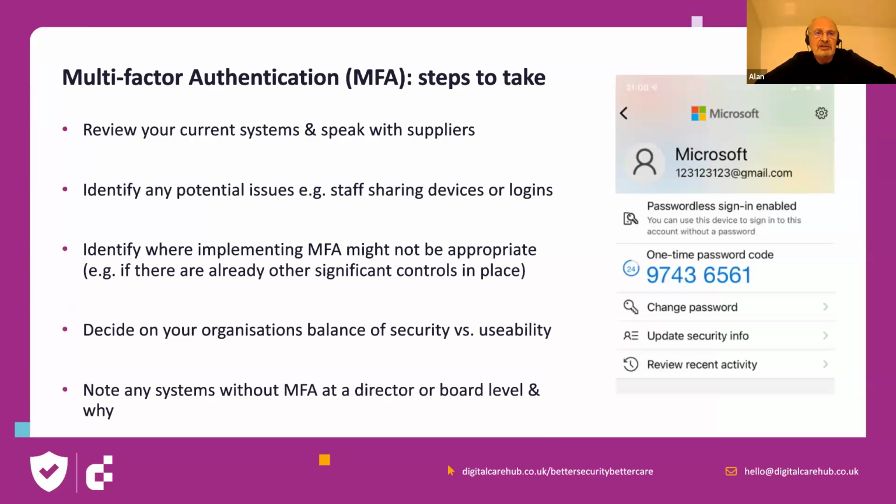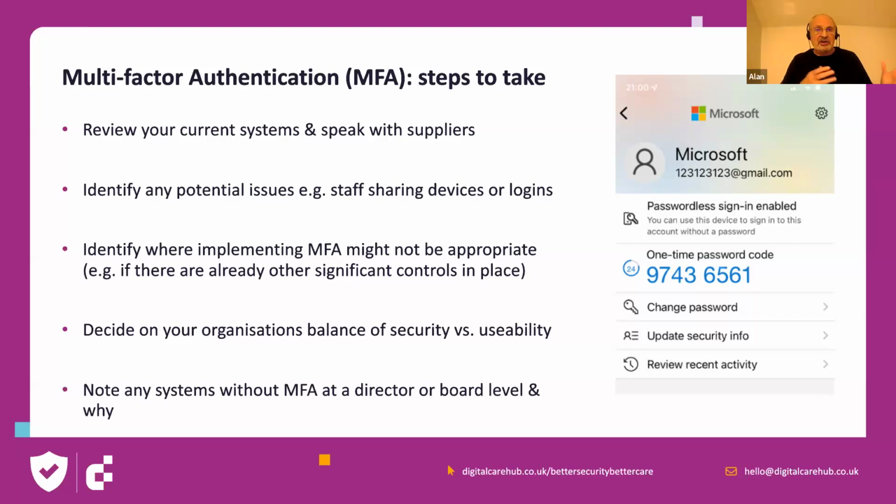So in terms of what your organization should be doing about multi-factor authentication, what you should be doing is reviewing your current systems and speaking with suppliers to understand what is available, how it is protected, etc. And then identify any potential issues. So is there anywhere that's more at risk than others?